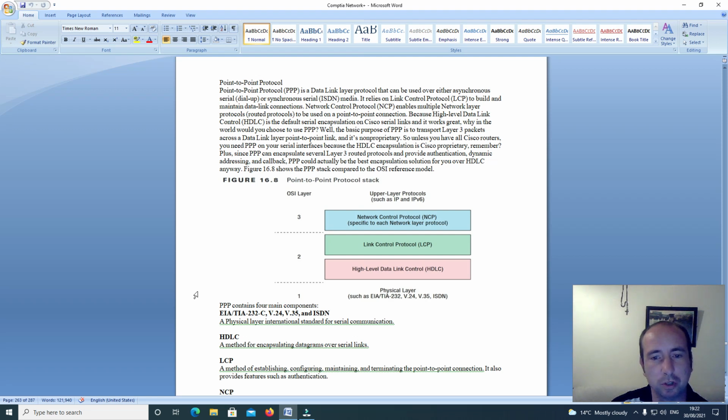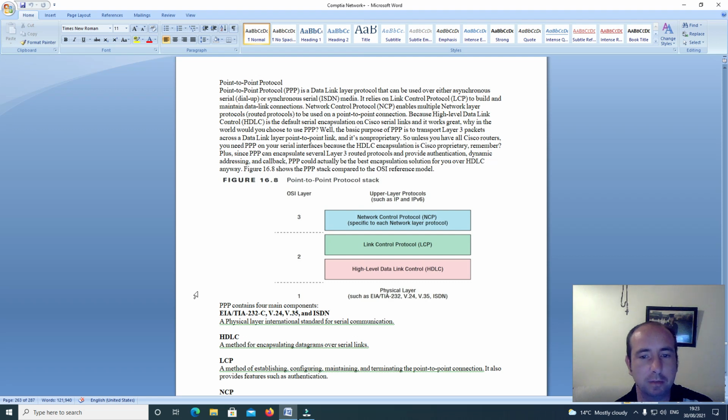Network control protocol, NCP, enables multiple network layer protocols, routed protocols, to be used on a point-to-point connection. Because high-level data link control, HDLC, is the default serial encapsulation on Cisco serial links and it works great, why in the world would you choose to use PPP?